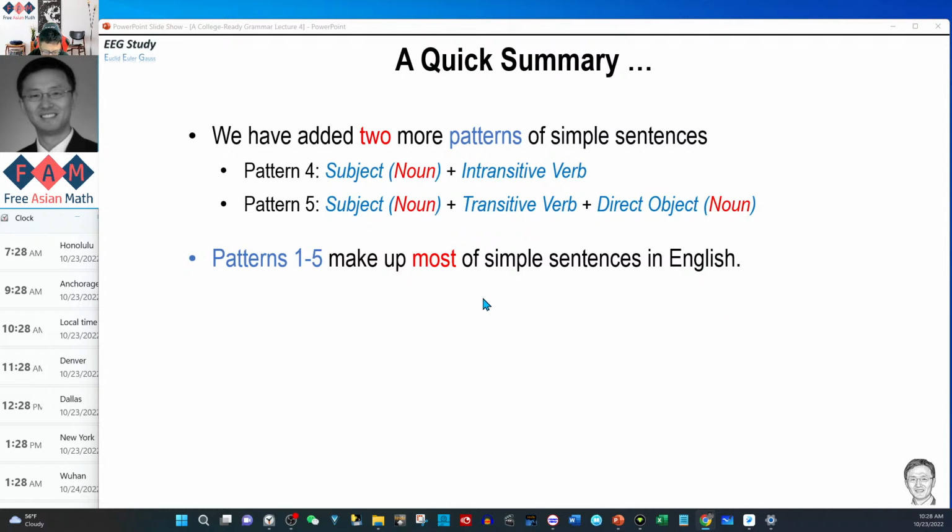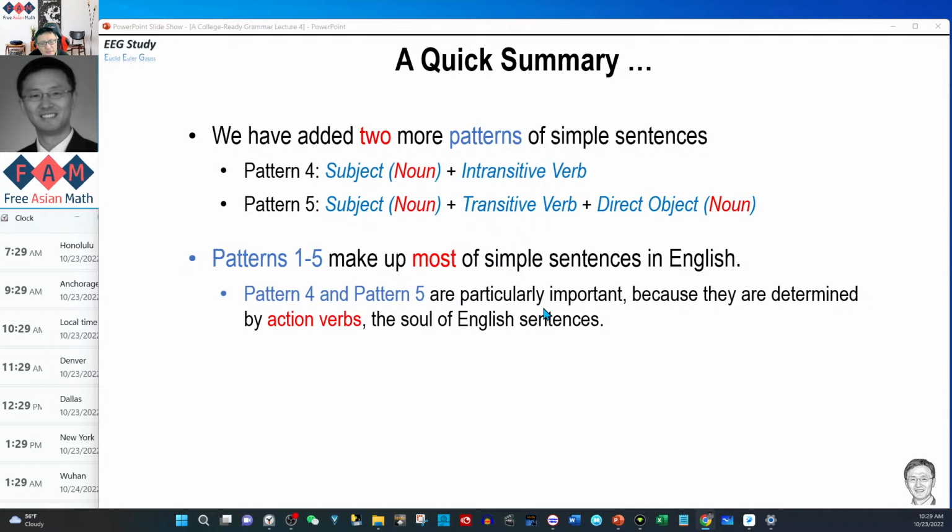But what's coming up now, pattern number 6 and 7, are kind of an expansion of pattern 1 and 2. We'll see that shortly. But those 5 patterns, really, with the be verb, transitive verb, and intransitive verb, dominate simple sentences.